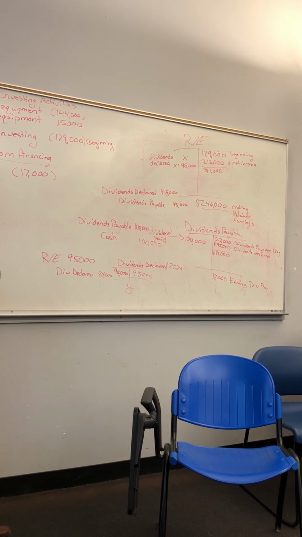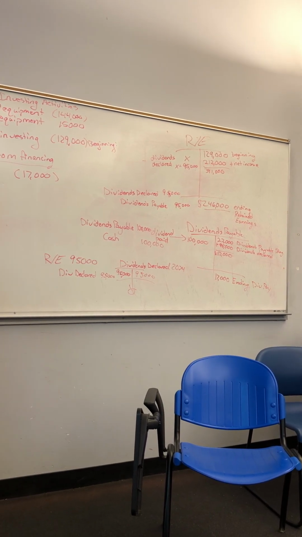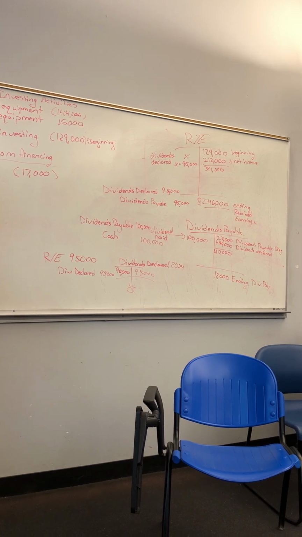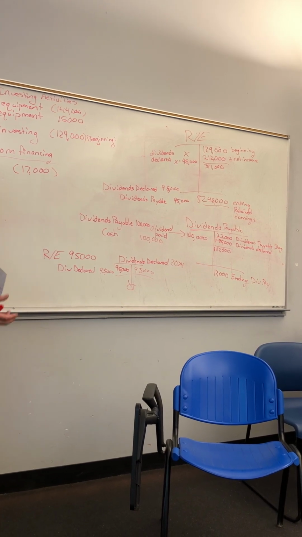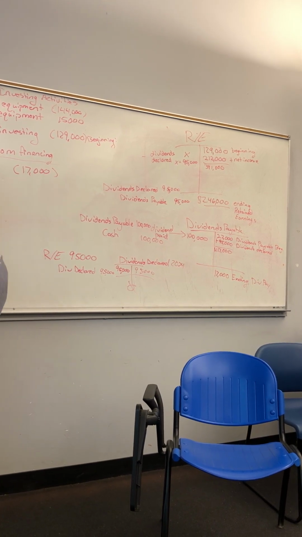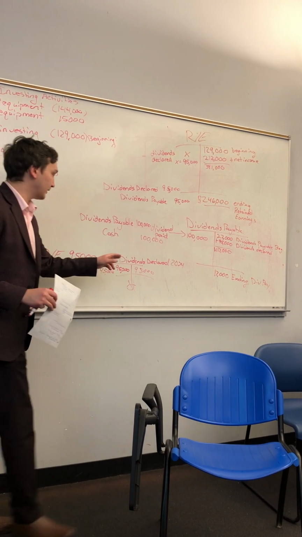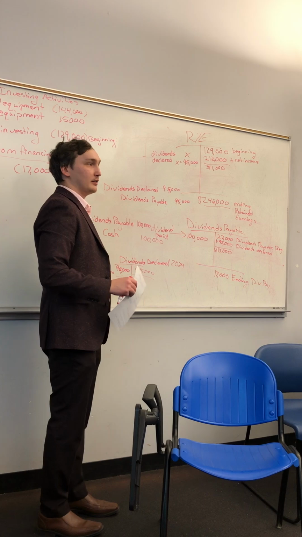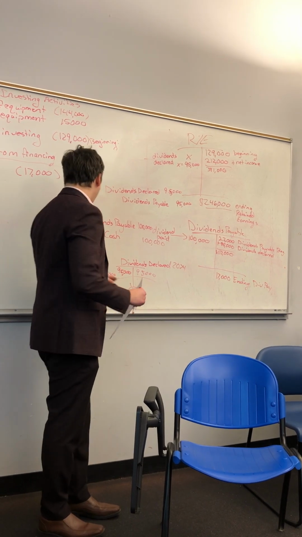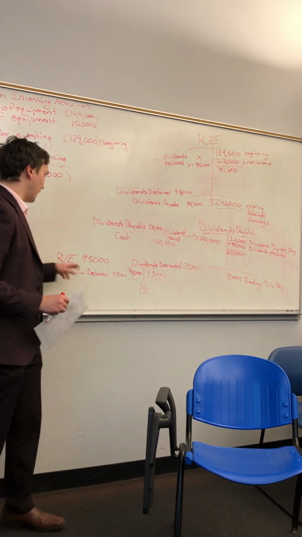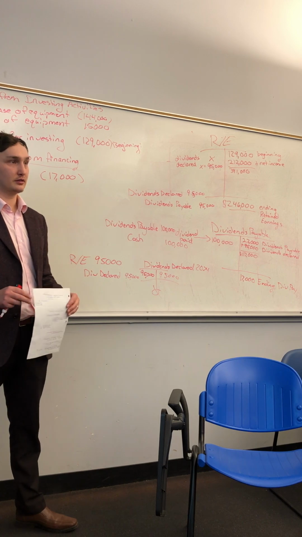If we went back to chapter 3, we talked about temporary accounts. We close out revenue to income summary, we close out expenses to income summary, and the difference in income summary goes to retained earnings. Here we can just skip that step, and it plays nicely that we can just debit retained earnings for the amount and then close out dividends.